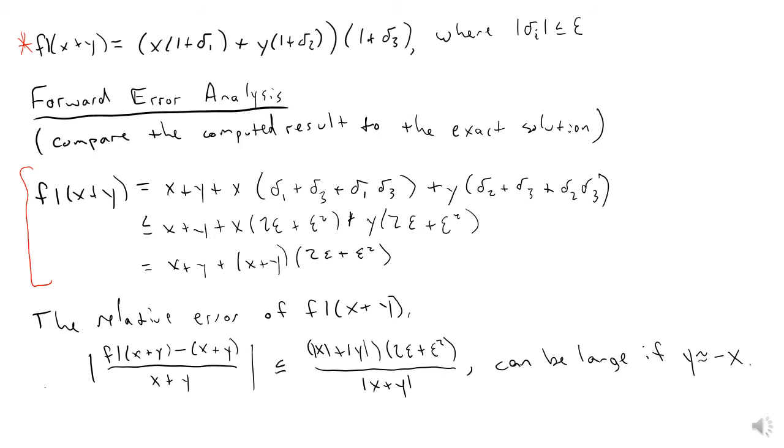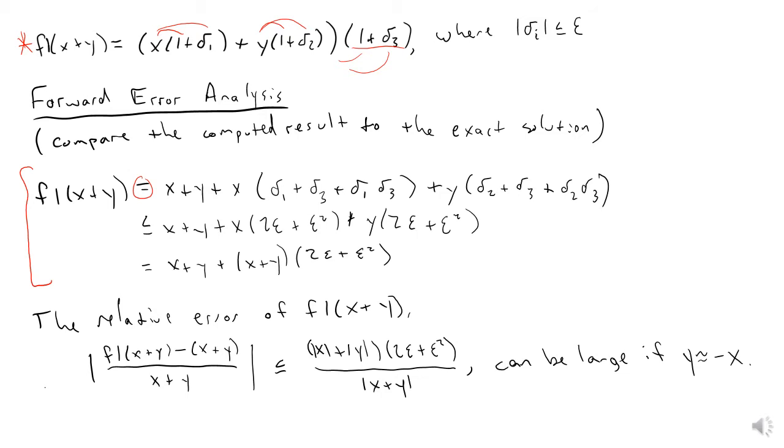If I do all the distributing, distribute x into the parentheses, distribute y into the parentheses, and then take this term on the far right and distribute as well, then we end up with this line here. X plus y plus x times all those deltas plus y times all those deltas.